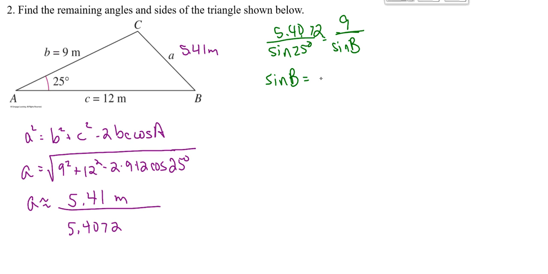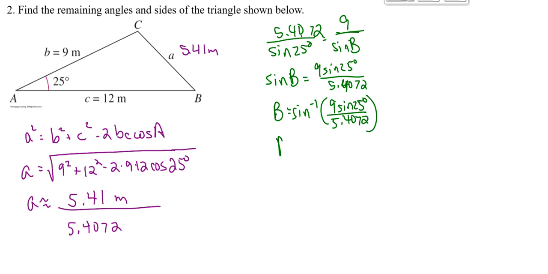So the sine of B is equal to 9 sine 25 degrees over 5.4072. And so then that means B is equal to the inverse sine of 9 times the sine of 25 degrees over 5.4072. Take a minute and find what that is.